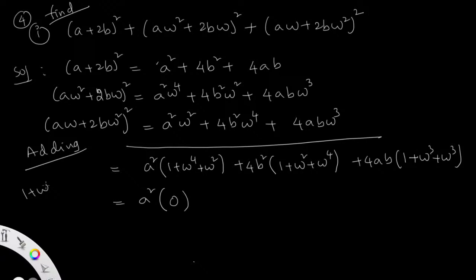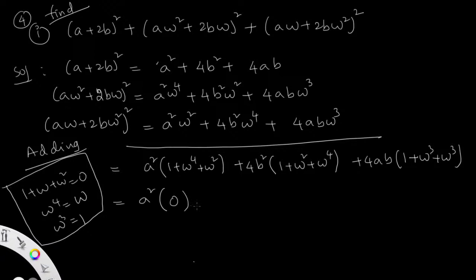Because 1 plus omega plus omega square equals 0, omega power 4 equals omega, and omega cube equals 1. Similarly, 4b square into 1 plus omega power 4, which is omega, plus omega square, that is 0, and 4ab into omega cube, that is 1 plus 1 plus 1, which is 3, as omega cube equals 1. So the total answer becomes 12ab.